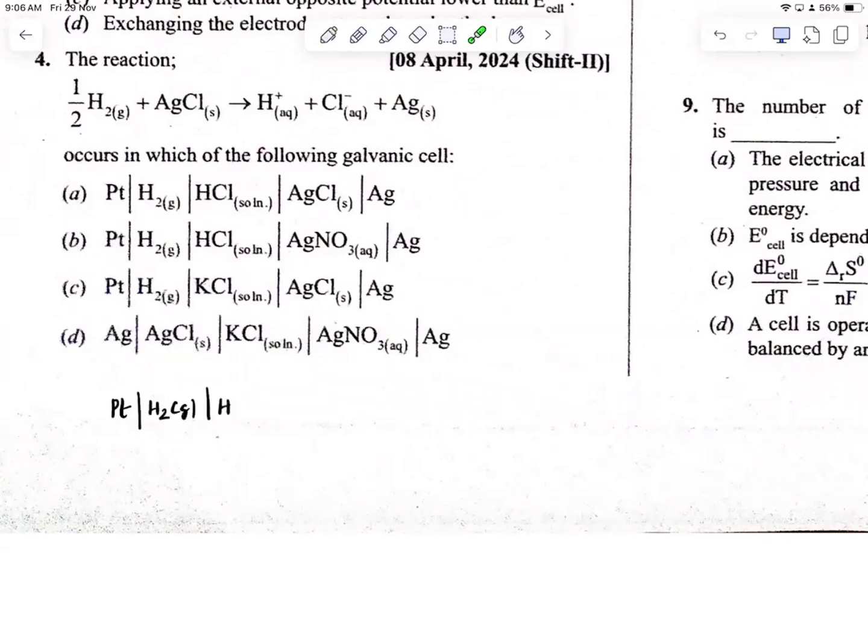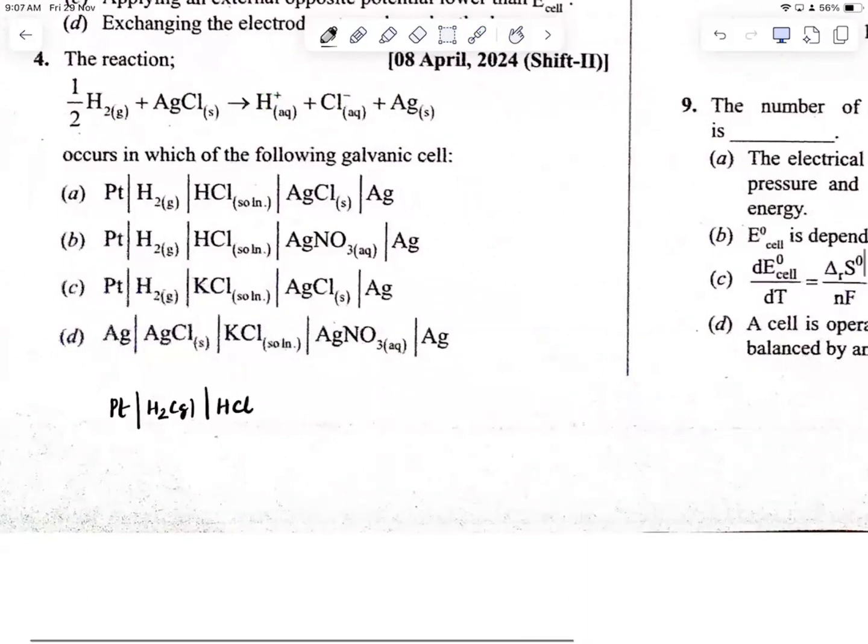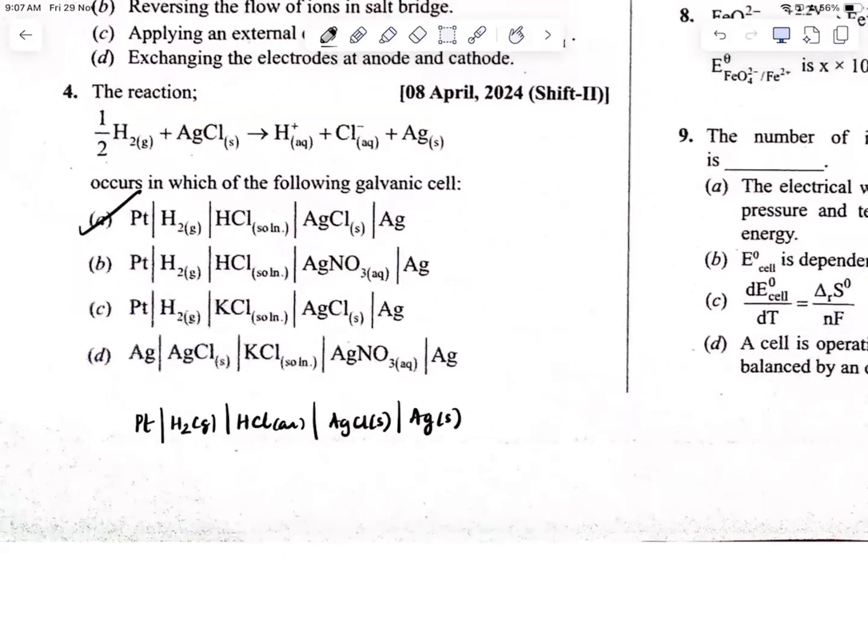In this case, HCl is given, which means HCl must be a common part for both of them. So HCl aqueous, then AgCl paste is present, which is getting reduced to become Ag. Got it? So this option is more appropriate. Clear, everybody? That's what you need to figure out.